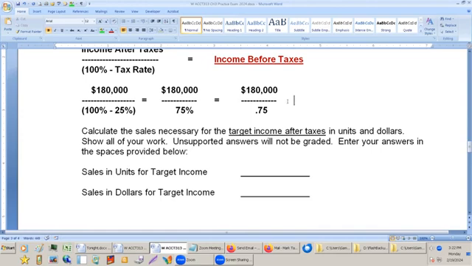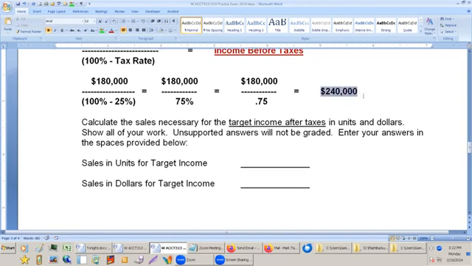Okay, so this will give us our before tax income. 180,000 divided by 0.75 is 240,000. Okay, so this is what we're going to put into our equation.